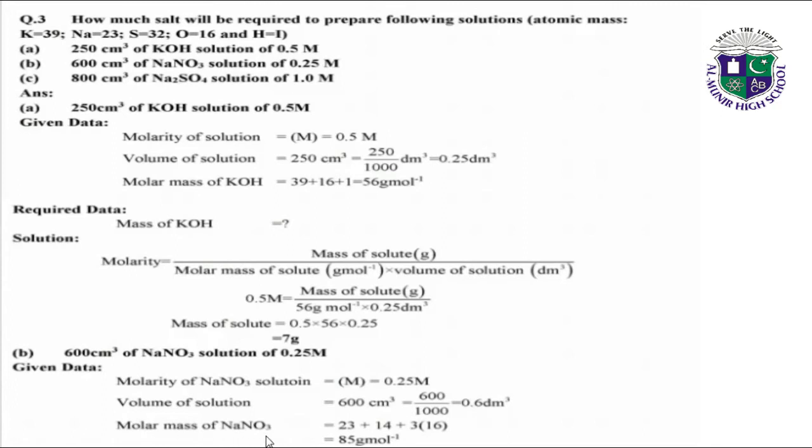Molar mass of NaNO3 will be 23 plus 14 plus 3 into 16, answer will be 85 grams per mole.